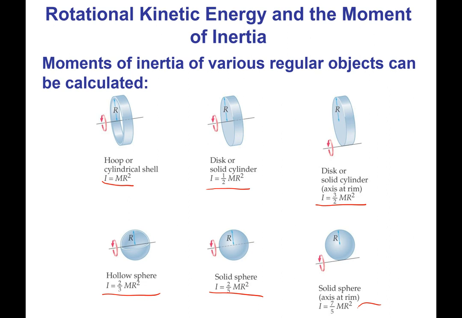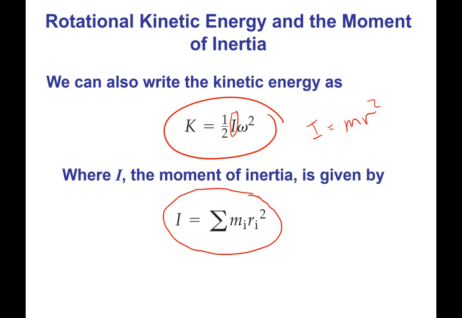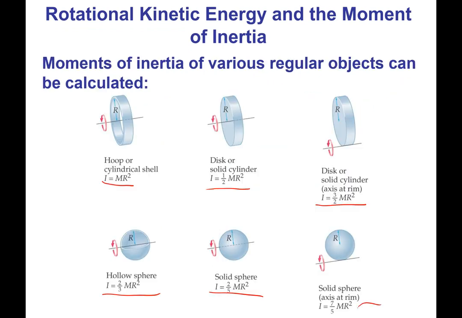But you just have to know that once you figure out I, you plug that into your kinetic energy equation, because that's taking into consideration how far the mass is off the axis, which is going to change how things spin. If a wheel of your car is not level, you go thudum, thudum, thudum.